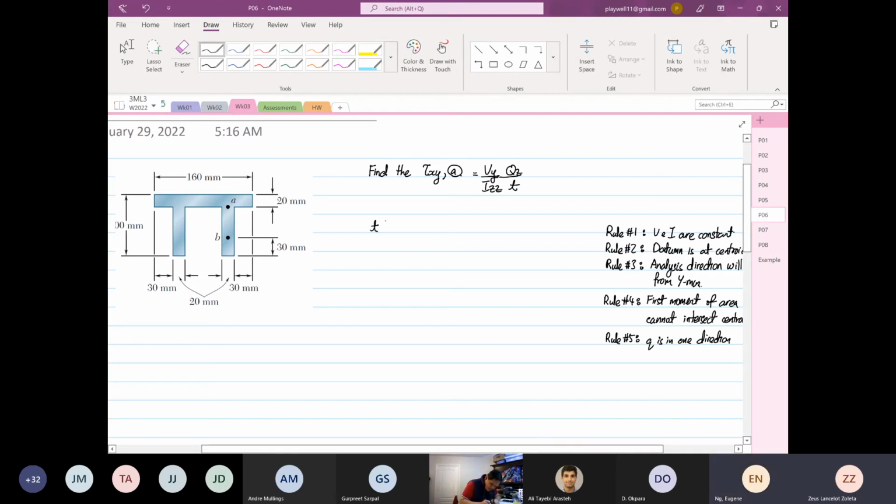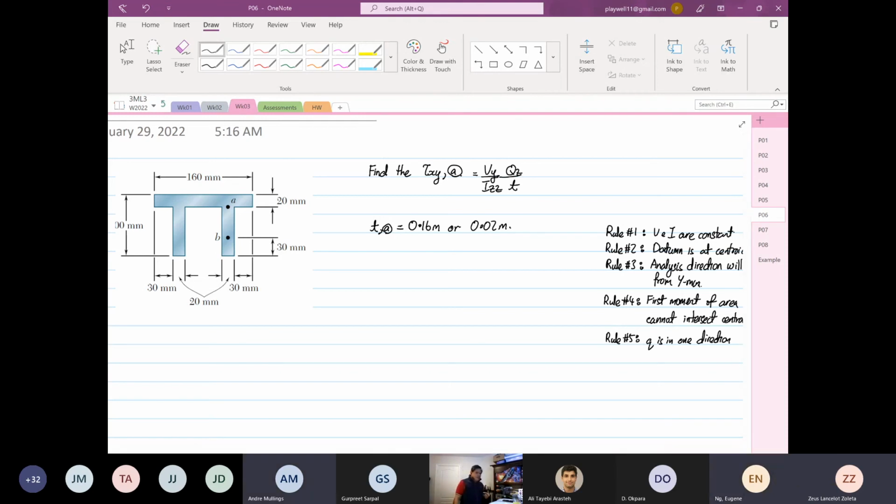Is T at point A equal to 0.16 or is it equal to 0.20 meters or 0.02 meters? Which one will you use?